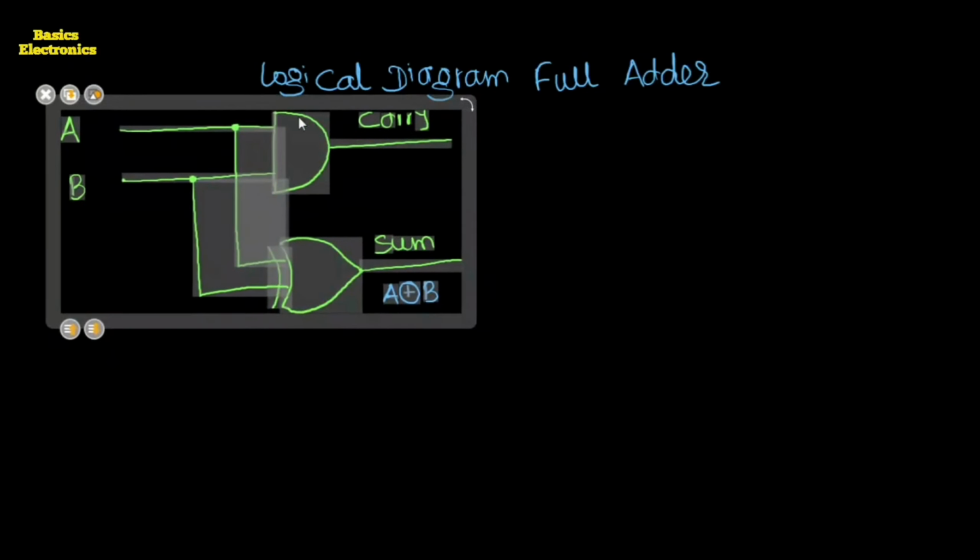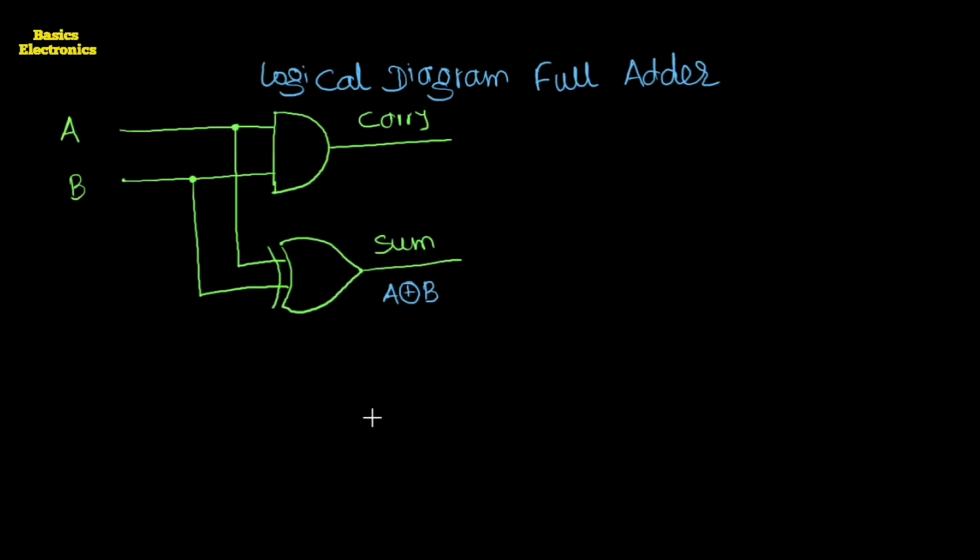But instead of applying the A input and B input, I am going to apply here the input A XOR B, the output of the first half adder.